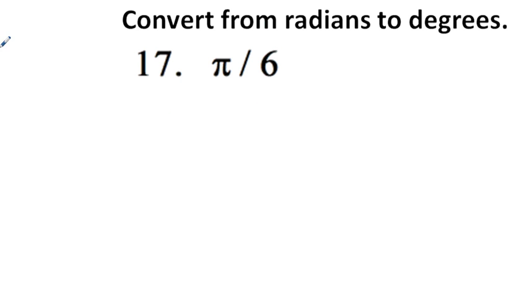Next on our problem, we have this next set, 17 through 24, has to do with converting from radians to degrees. And this time they just give the pi over 6 and just kind of state that this is radian.